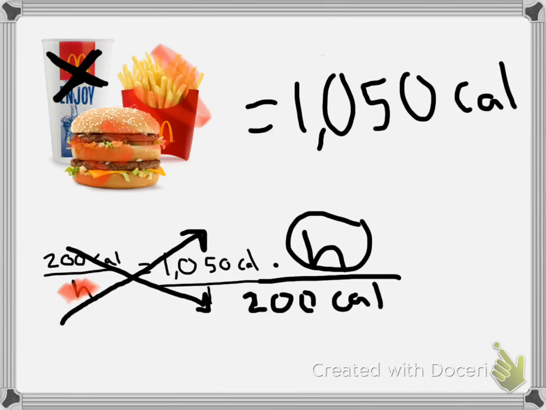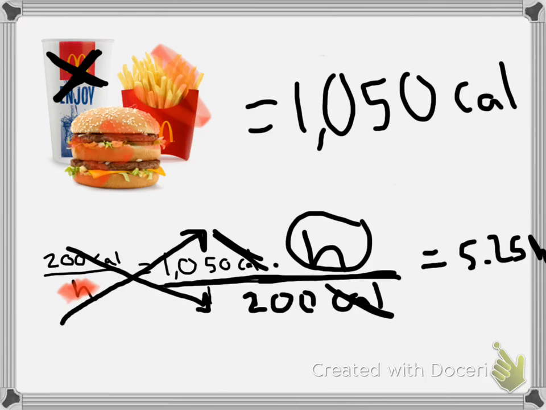So in order to solve this, you're just going to now do the 1,050 divided by 200. And that's going to equal 5.25. And then the calories cancels out with the calories because they're the same thing. If you have something over another thing, those things are just going to cancel out. So calories cancels out with calories. And then you're left with hours.